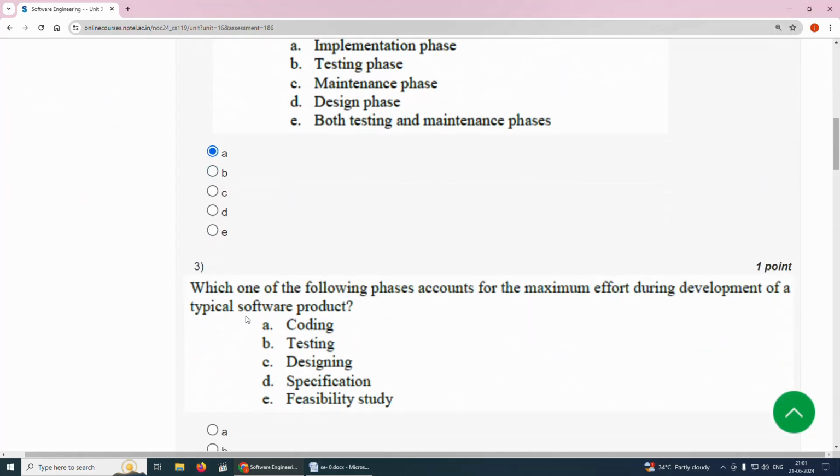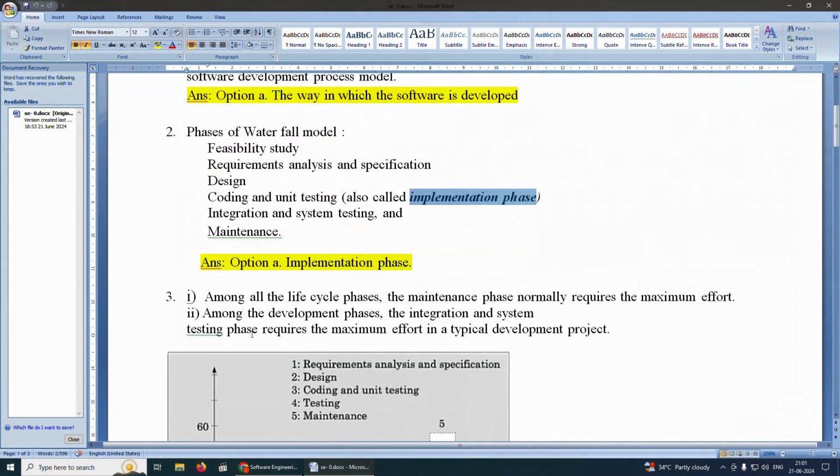Third question, which one of the following phases accounts for the maximum effort during development of a typical software product? We have 2 points. Among all the life cycle phases, the maintenance phase normally requires maximum effort. Second point, in the development phase, the integration and system testing phase requires maximum effort in a typical development project.